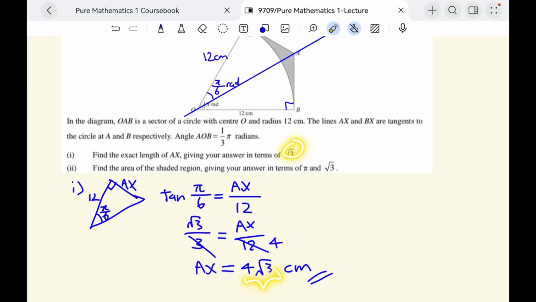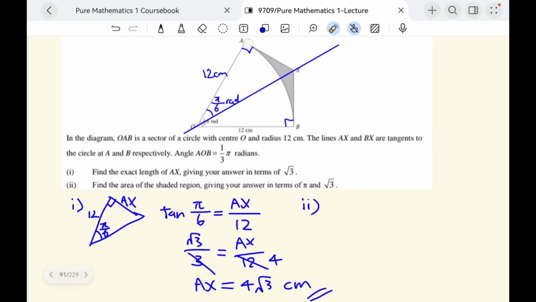So if you fulfill the requirements for the question, congratulations. Alright, let's move on to part 2. Find the area of the shaded regions. So how to get the area of the region over here? As you can see, these two triangles are congruent and identical.